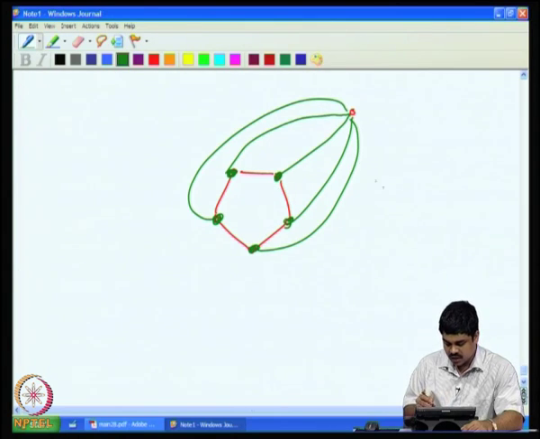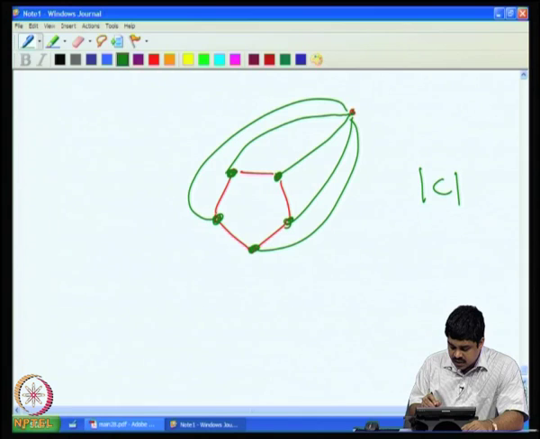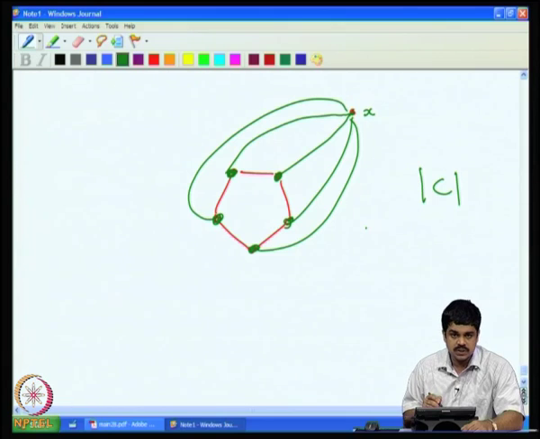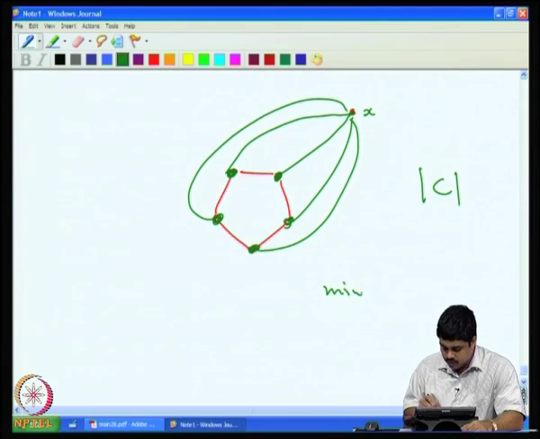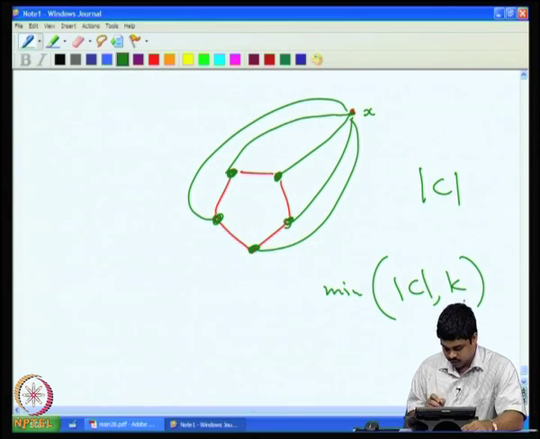That means the cardinality of the fan will be C. Therefore, starting from any vertex x outside, we will be able to identify fan paths of cardinality minimum of C comma k, where k is the connectivity.